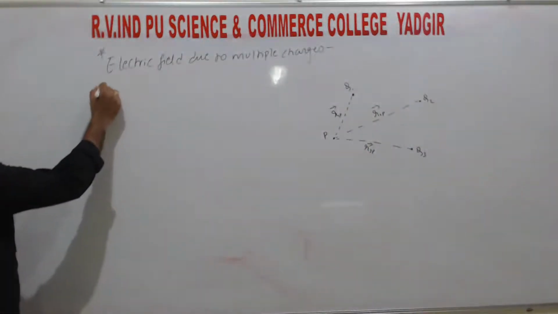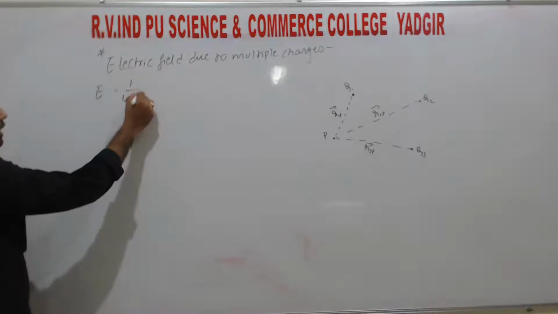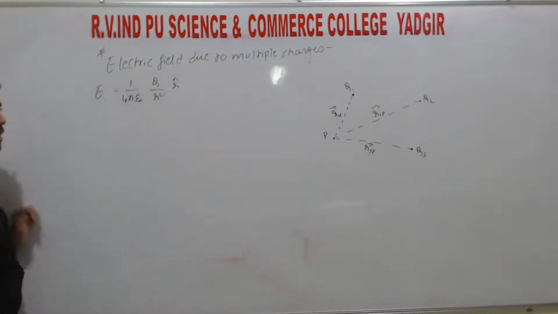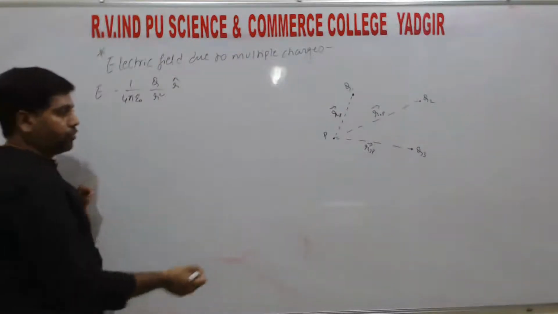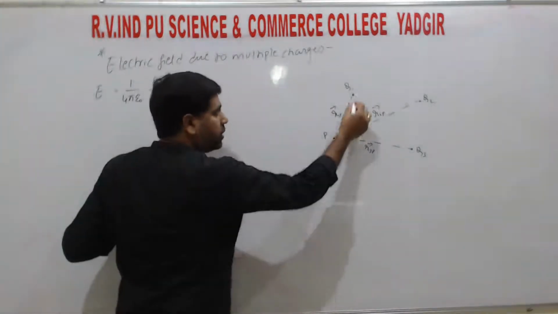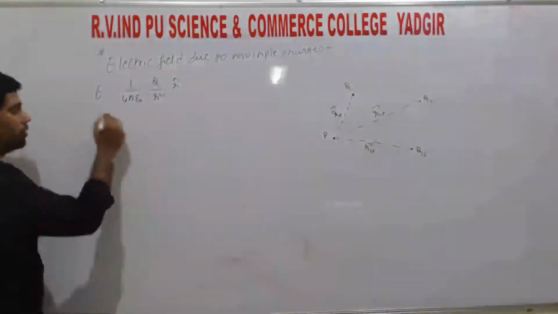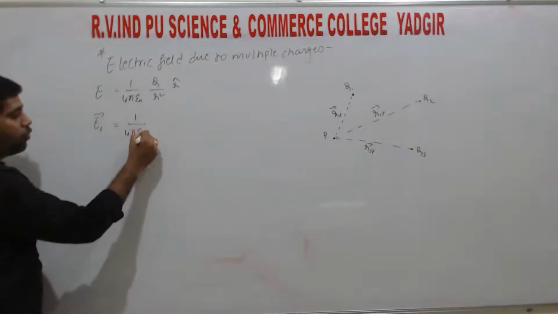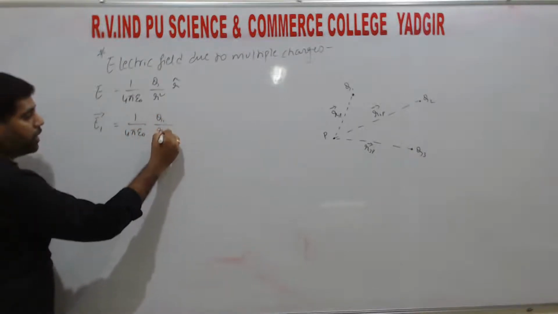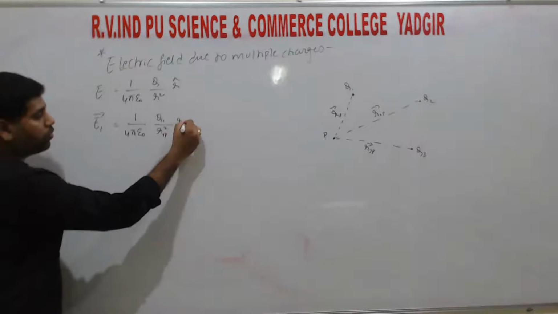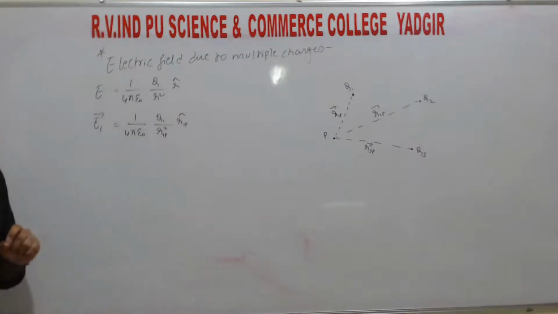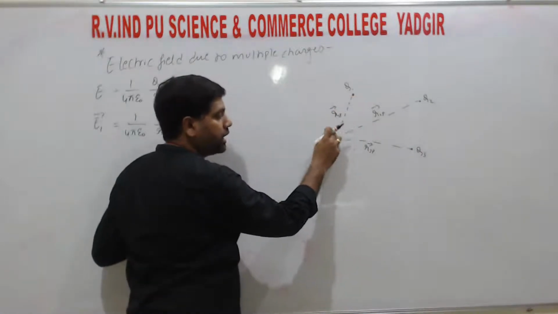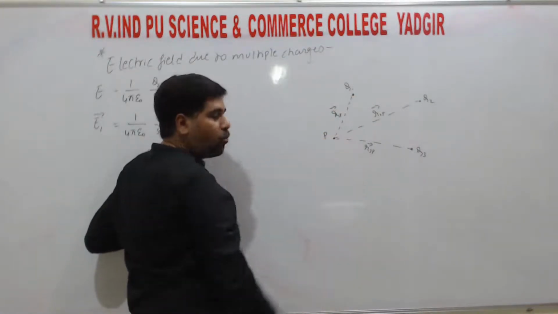So as we know, the formula for electric field E is equal to 1 divided by 4 pi epsilon naught, Q divided by R square, into R cap, right? Now the electric field due to the charge Q1 becomes E1 is equal to 1 divided by 4 pi epsilon naught, Q1 divided by R1P square, into R1P cap. Here it is a positive charge, so we always take the testing charge as positive only, right?